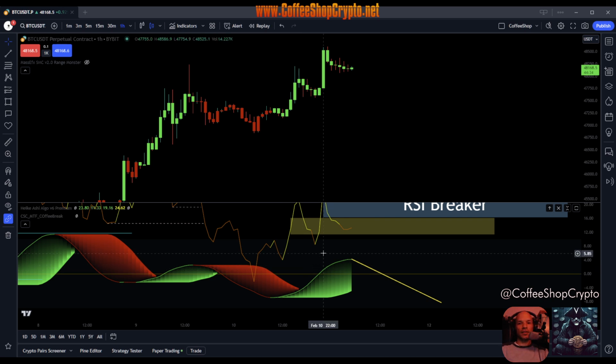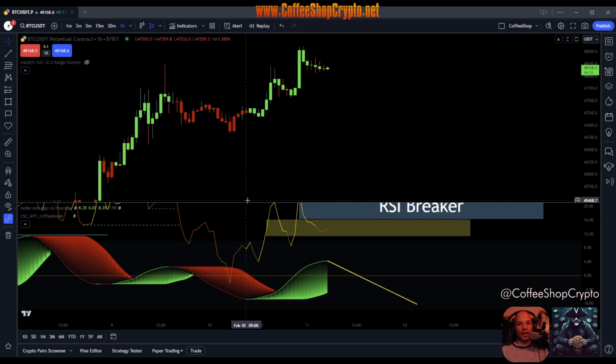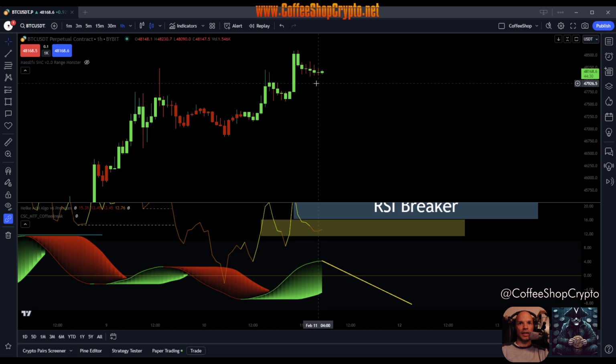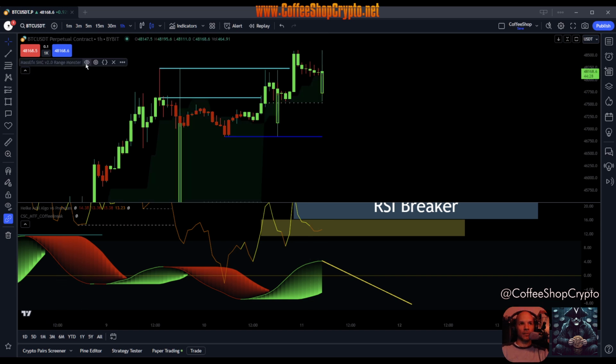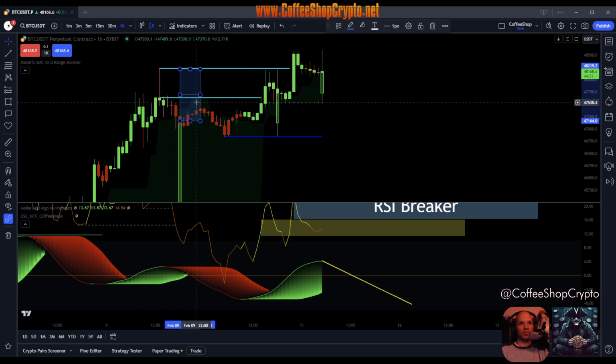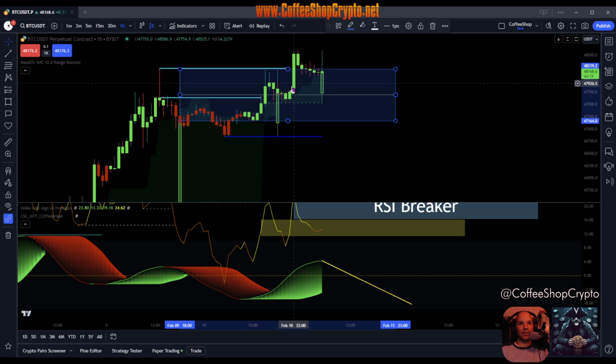So that being said, this is also why I am waiting at this point to enter into another trade, okay? Because I can see that this massive area of resistance is here, and all of this activity was taking place inside of a resistance area, right?